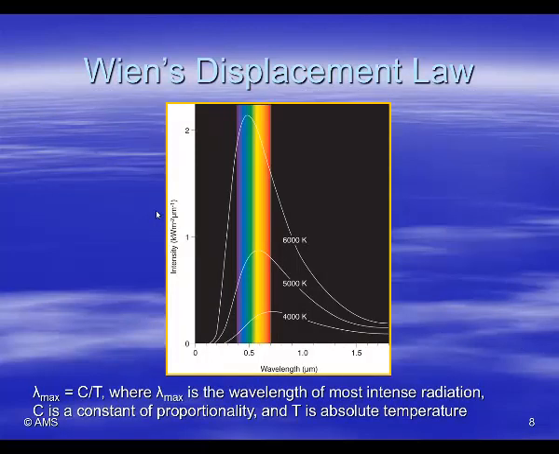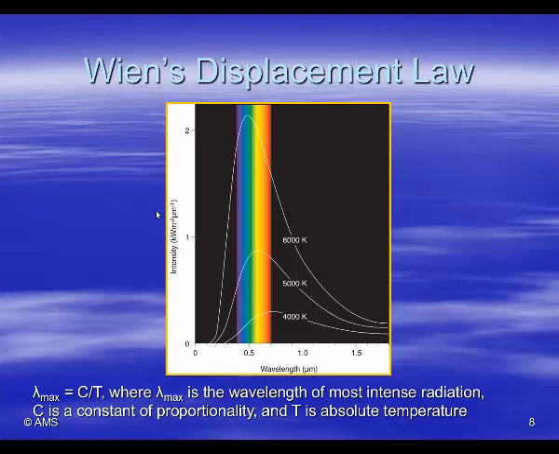So here we see the amplitude, so how much of each wavelength is coming from different stars. There's a star that is 4,000 Kelvin, another star that's 5,000 Kelvin, and a third one that's 6,000 Kelvin.